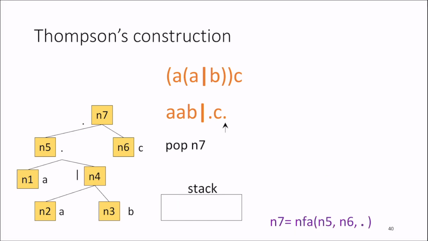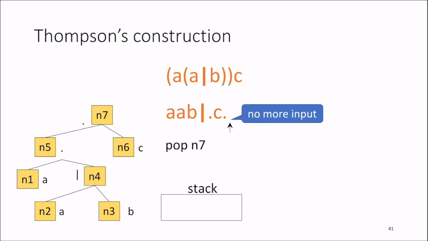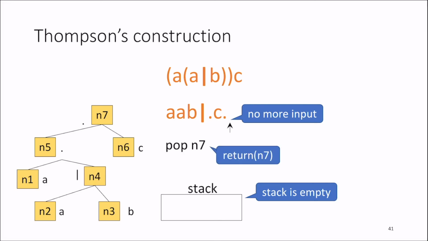Finally, there is no more input left, right? So there's nothing here. So we are ready to pop the top of the stack. There should be only 1 element if we did everything right. And we pop that element, and since there's no more input and the stack is empty, we return N7 as the constructed NFA from this algorithm.